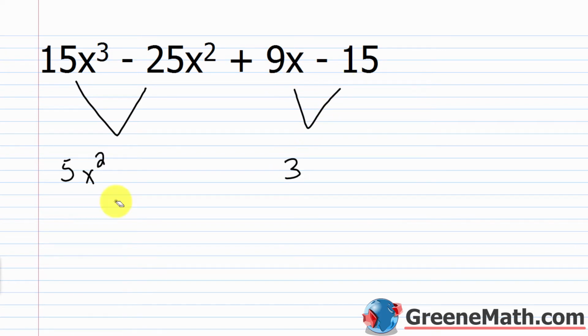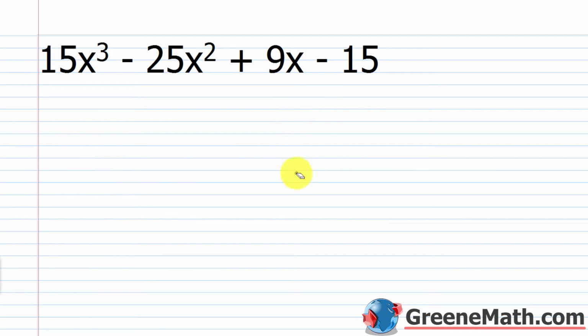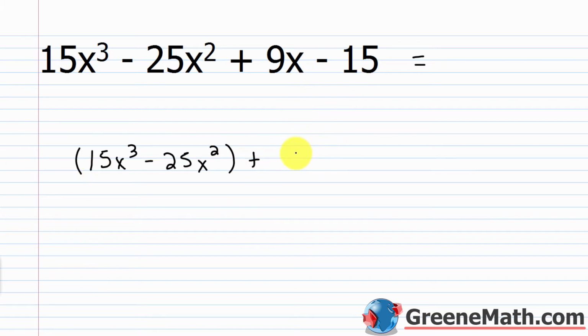So let's go ahead and try that, setting this up into 2 groups of 2, with this being 15x cubed minus 25x squared. Let's make that into a group. Then plus, we'll have a group of 9x minus 15. I already told you the GCF for each. For this one, it's 5x squared. For this one, it's 3. So let's pull that out from each one.